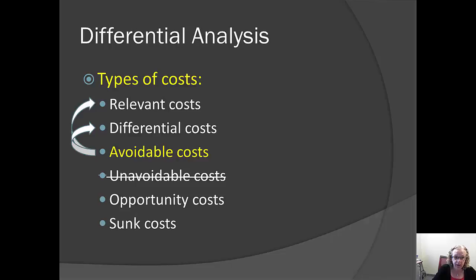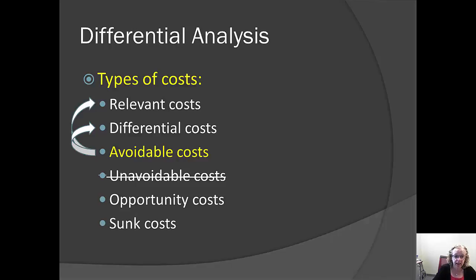Therefore, avoidable costs are always relevant because they're always going to be different depending on which decision we make. Whereas unavoidable costs do not have to be considered in the decision at hand because those costs will be there regardless of which option we choose.